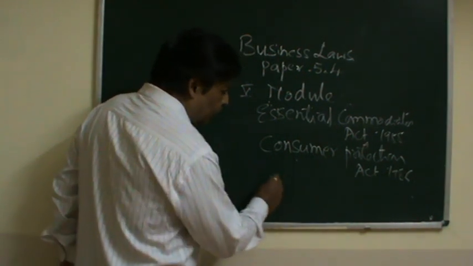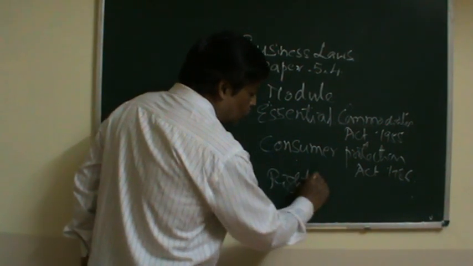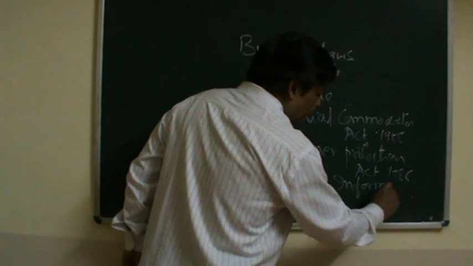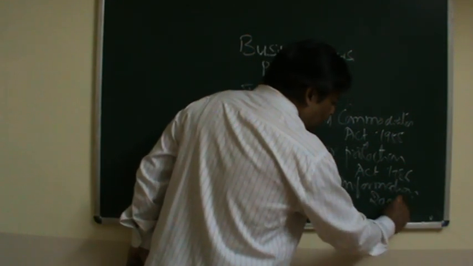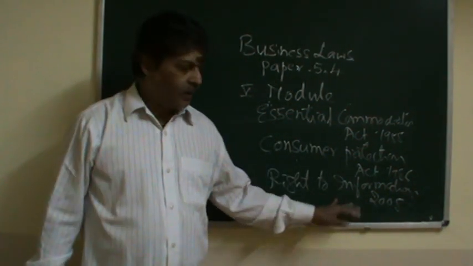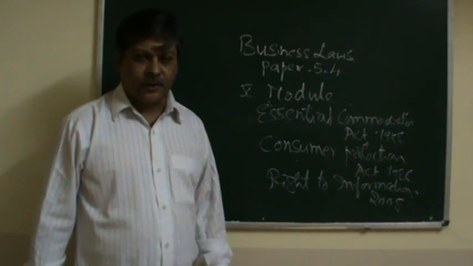And last we are going to study the right to information. This is a very recent act, that is 2005, the Right to Information Act, and a lot of amendments have taken place to this act.